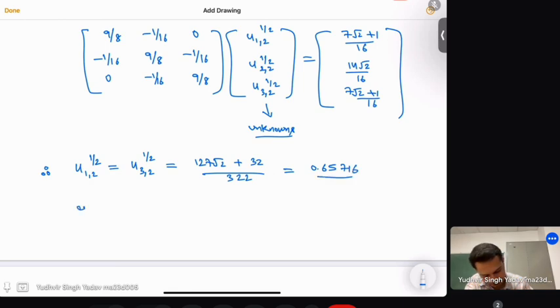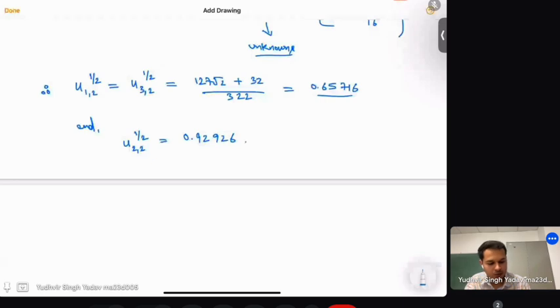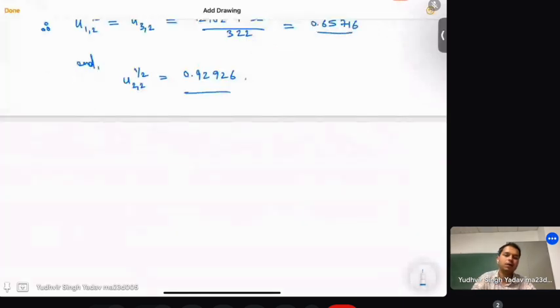So the solution is 127 times root 2 plus 32 by 322, which is nothing but 0.65716, and u(2, 2 half) will be 0.92926. So you can cross-check your answers for this particular mesh line.